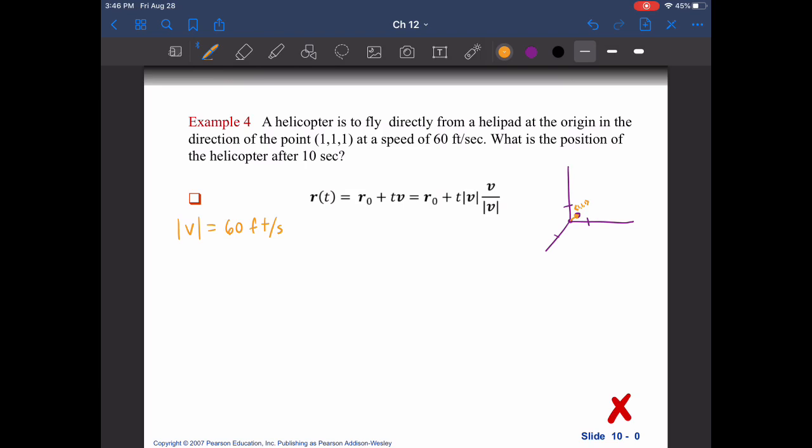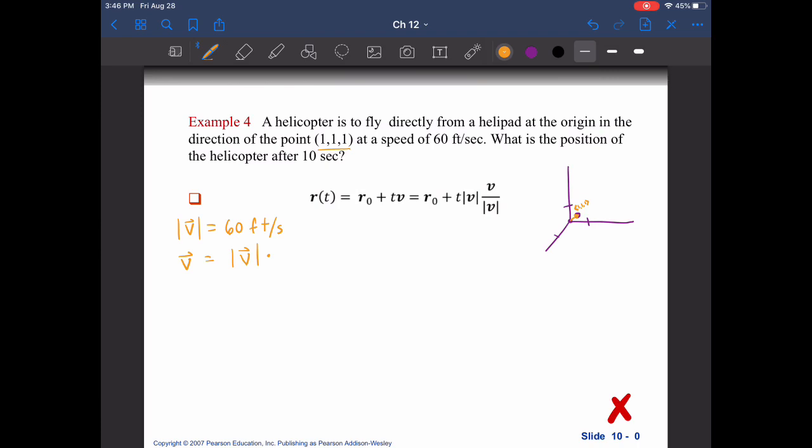So to get the actual velocity vector, we can simply take our speed and multiply it by a unit vector in the direction we're going in. Well, we're trying to go in the direction 1, 1, 1. That is not a unit vector. That has a length greater than 1.